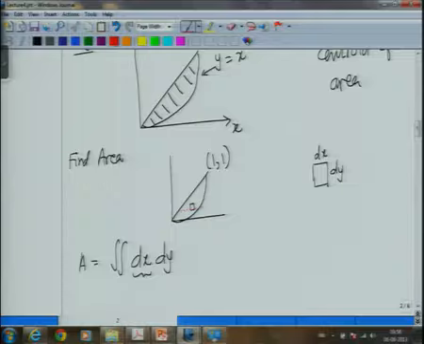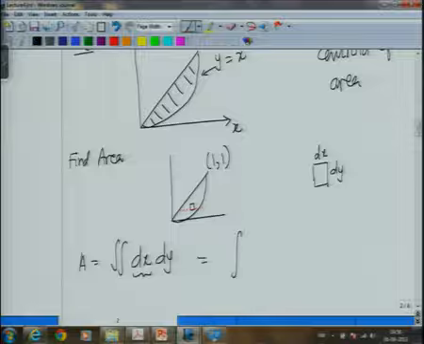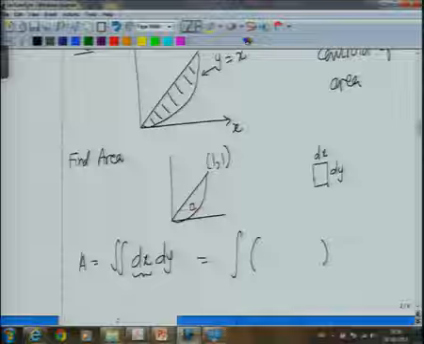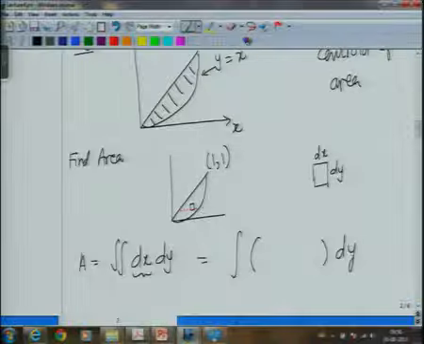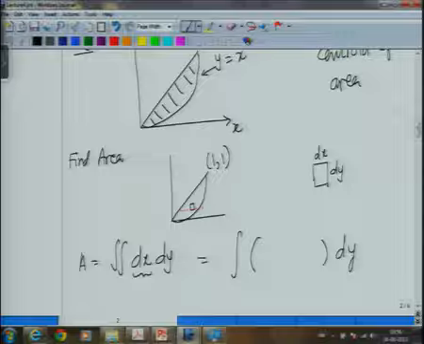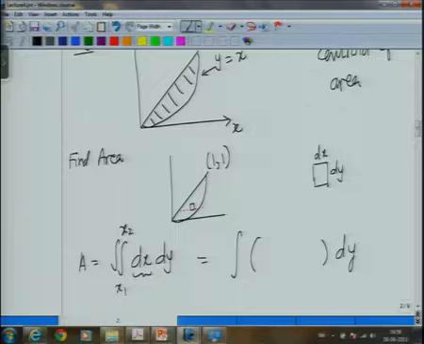When we integrate this, the outer integral stays as it is, dy. Now the integral of dx will give me what? There will be a limit on x from x1 to x2. The integral dx from x1 to x2 is nothing but x2 minus x1.